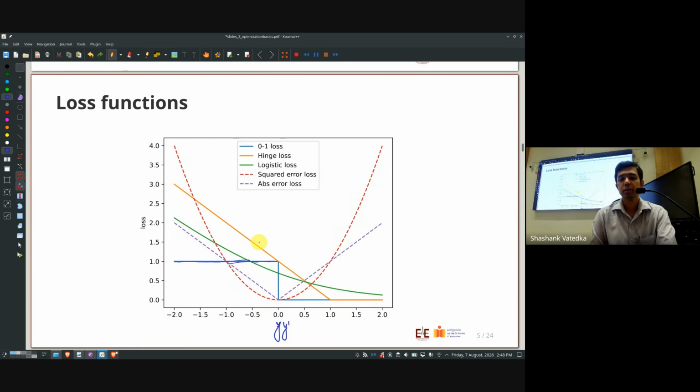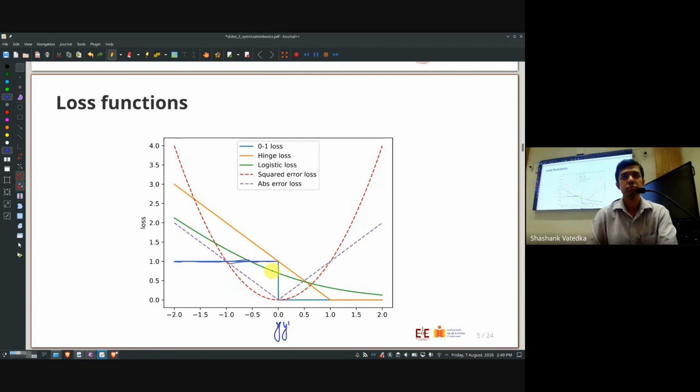So this means that if you achieve a certain generalization error with respect to the hinge loss, let's say it's equal to 0.1, then you're guaranteed that the generalization error with respect to the 0-1 loss is going to be less than 0.1. This can be very useful because if you train using the hinge loss and derive generalization bounds using the hinge loss, then that automatically translates to a bound on the generalization error with respect to the 0-1 loss.